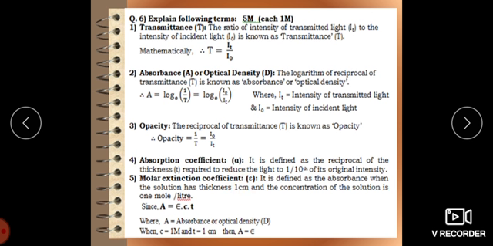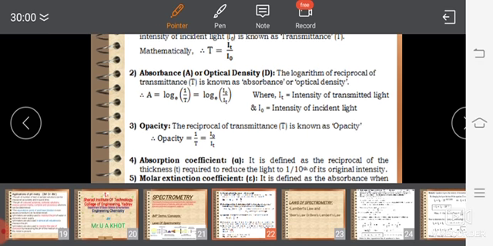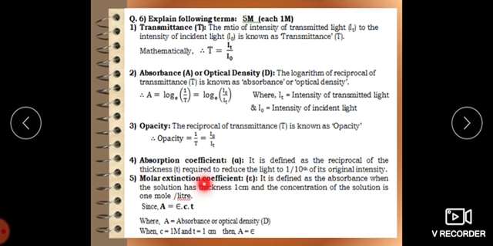It can be defined as the absorbance, A, when the solution has a thickness of 1 centimeter and the concentration of the solution is 1 mole per liter.